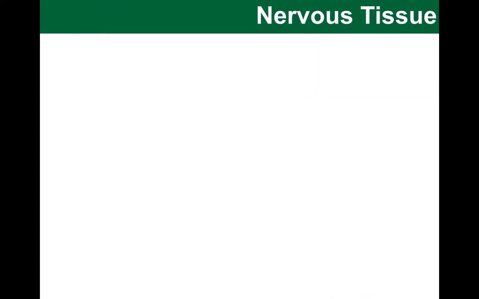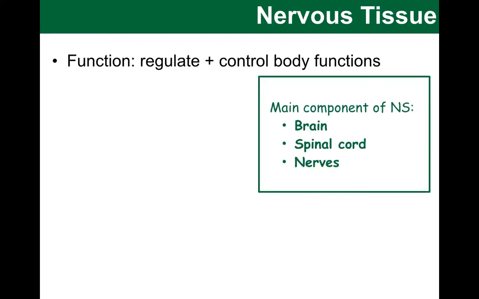We will finish off with nervous tissue. And of course, these are the main components of the nervous system, so the brain, spinal cord, and nerves. And the function was to pass and process messages in order to regulate body functions.